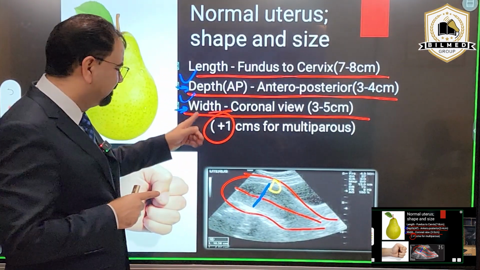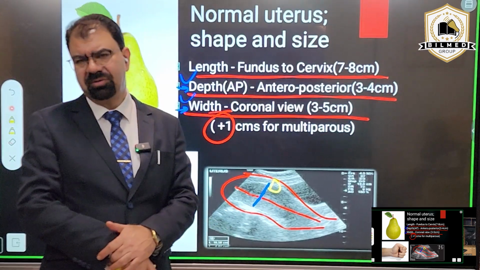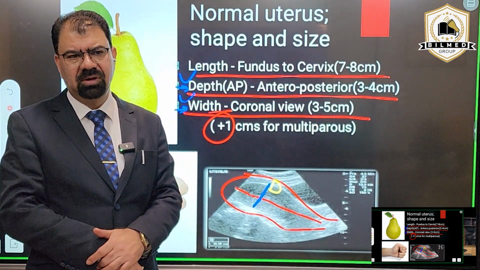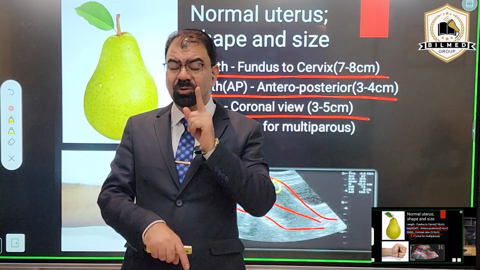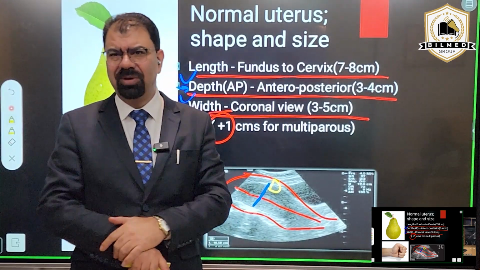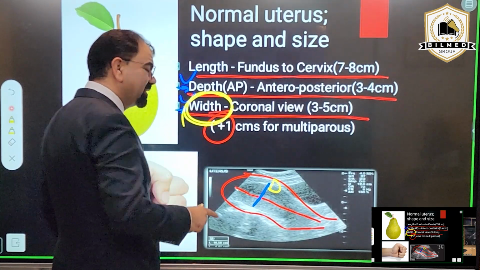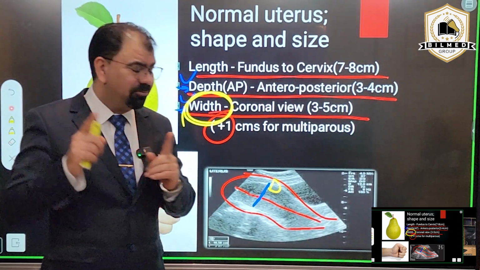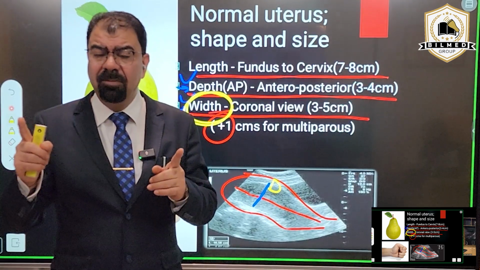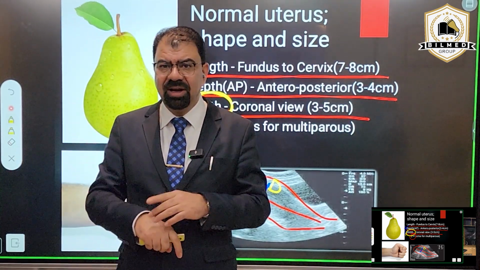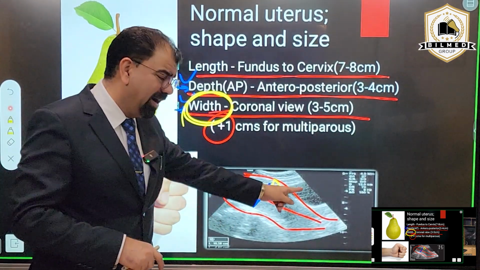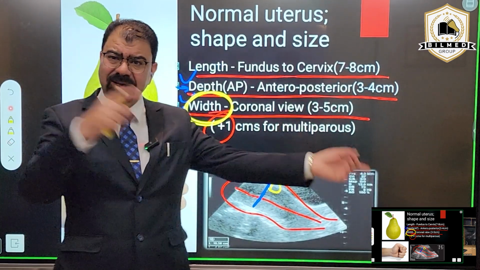How can I take the width of this uterus? Rotate the probe, very good. So I have to rotate the probe. Then only I can take the width, because we have discussed the screen orientation. Width has to be taken from right to left, and there is no right and left in the longitudinal section, so I have to rotate the probe.